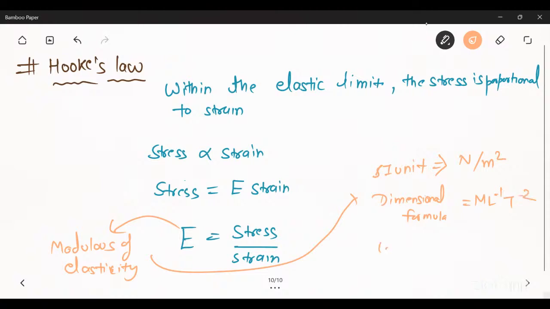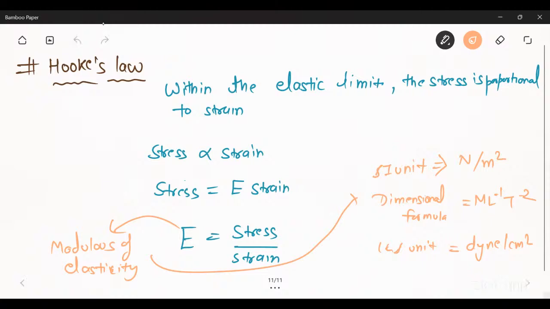The CGS unit is also the same as stress, which is dyne per centimeter square. Remember that every modulus of elasticity has the same unit, Newton per meter square.